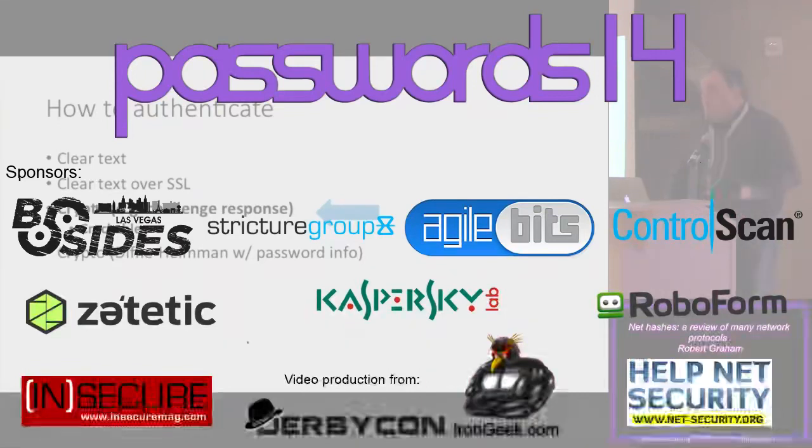Another one is where you encrypt the connection with SSL, and that's how we mostly log on today. If I log on to Twitter, it's clear text authentication, but it goes over an SSL connection so that no one can eavesdrop on that, unless they, of course, hack the SSL connection, but that's really not what this talk is about.